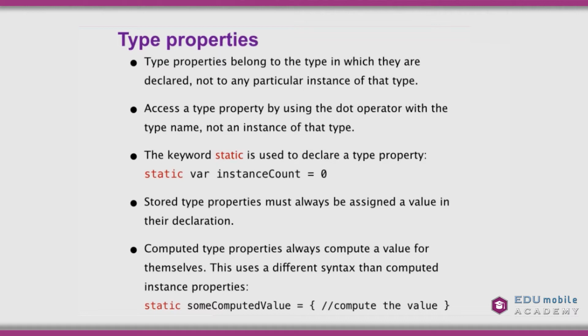And this uses a different syntax than a computed instance property where we define a getter. So we have a type property, static, some computed value, and then we just say equal and then curly braces and we compute the value. Type properties can't get to instance properties. Type properties can't get to instance methods, but type methods and type properties play very well together.